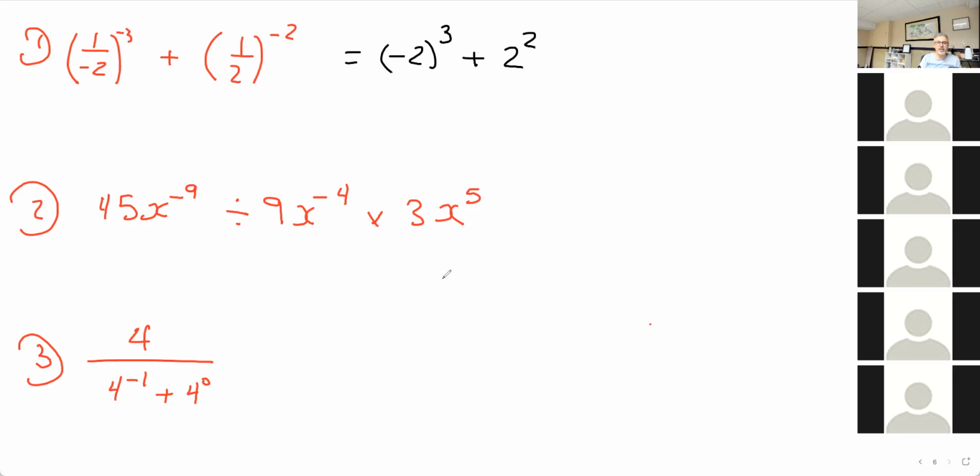Let me know if that's clear. Okay, excellent. So -2 cubed, because the exponent is odd, is going to be negative, and 2 cubed is 8, plus 2 squared is 4. And -8 plus 4 is -4. So something that looks really hard, if you bring it down to basics, becomes this, which is a lot easier.